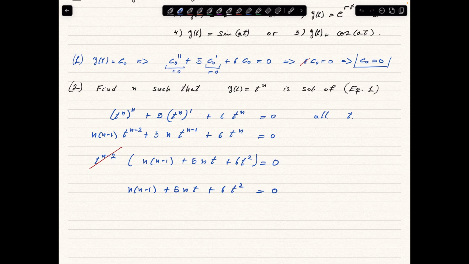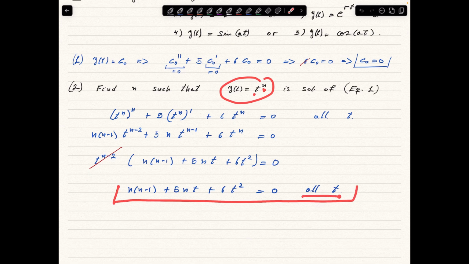And again, this is for all t. Because it's for all t, what we are saying here is, if this function t to the power n for any n is a solution of the differential equation, then this has to happen for all t.